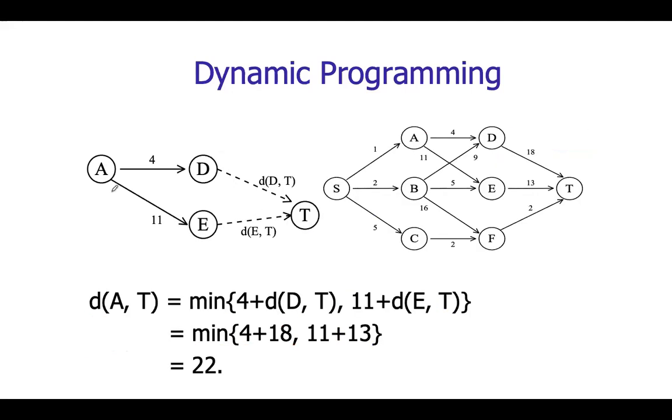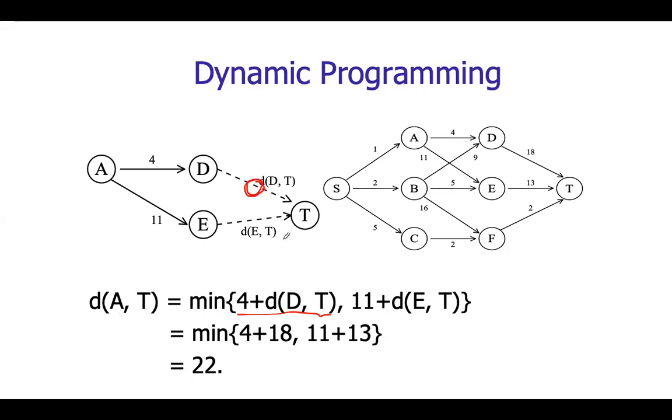First, let's consider A. Okay, distance of A to T. We have just written the same graph here. From A to reach T, you can go through D and E. Okay, I need to go to T from A. You can go in this path, either from D or from E. So distance of A to T is equal to the minimum of 4 plus distance of D to T. There may be one more node present here, but in our case there is no node.